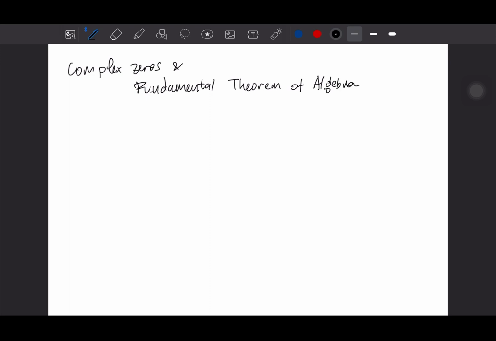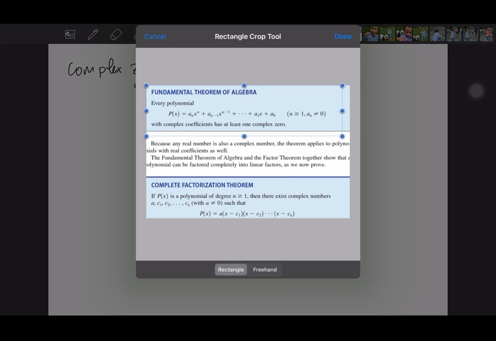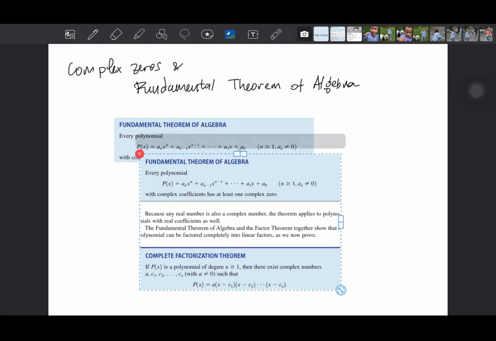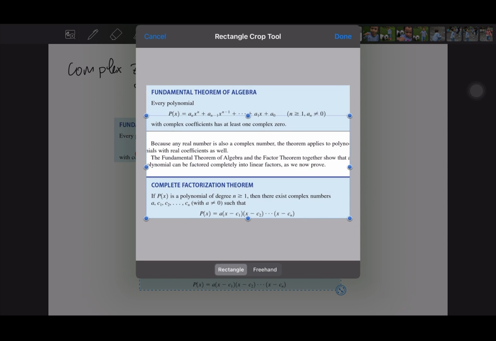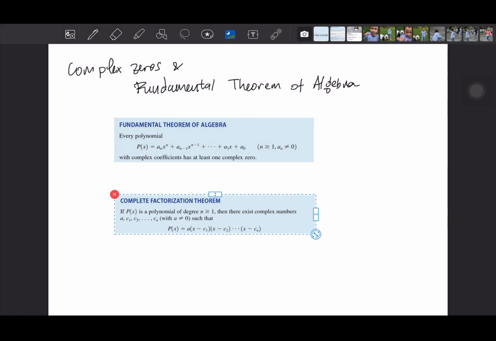Okay, now let me get through this theorem.